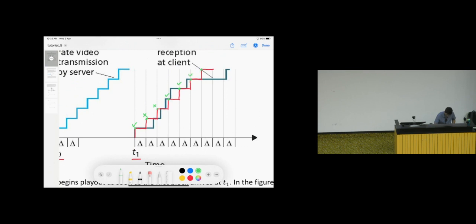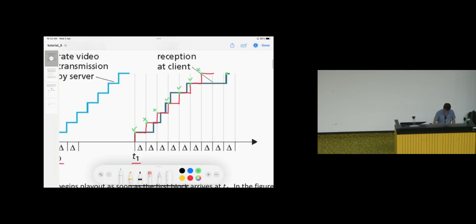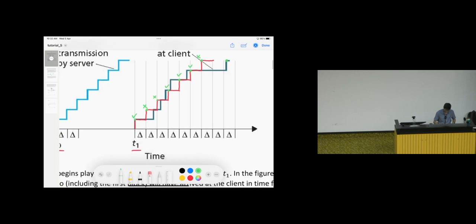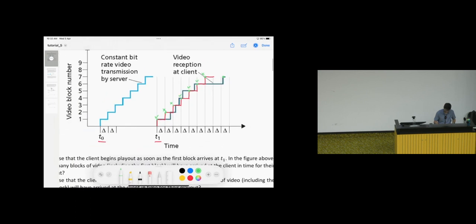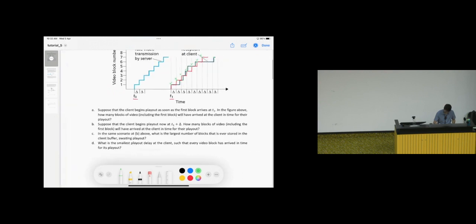And for the last one, it also hasn't been received because the time it is received is here, whereas it had to be played earlier. So if you look at this, the first block is received, the fourth block is received, the fifth block and sixth block are received. So that is in total 4 checks, right? 1, 2, 3, 4. So 4 blocks have arrived in time for their playout.